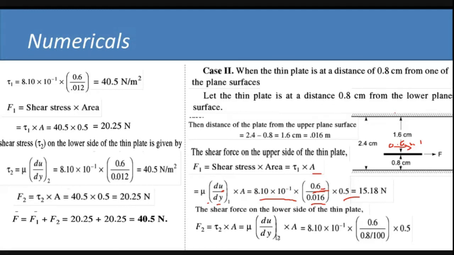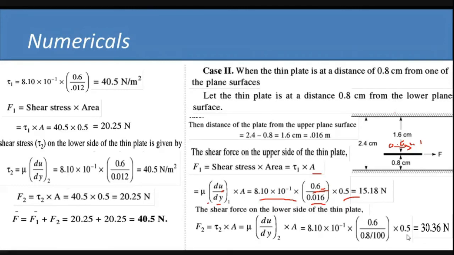So put all the values: mu is 8.1 into 10 power minus 1 into du is 0.6 divided by dy2 is 0.8 into 10 power minus 2, into area 0.5. It comes out to be 30.36 or 30.375 Newton. Both the answers are correct.